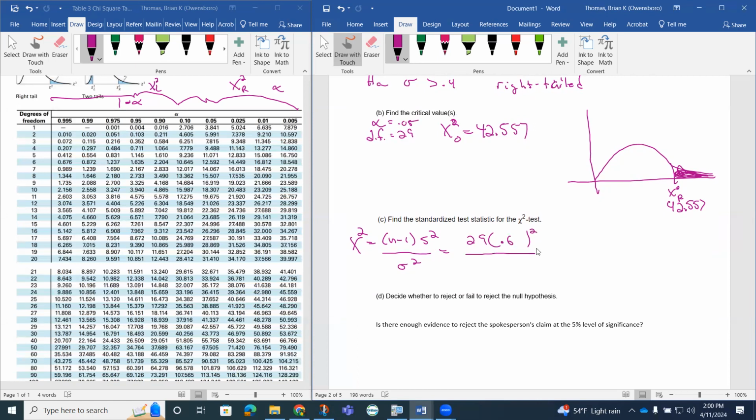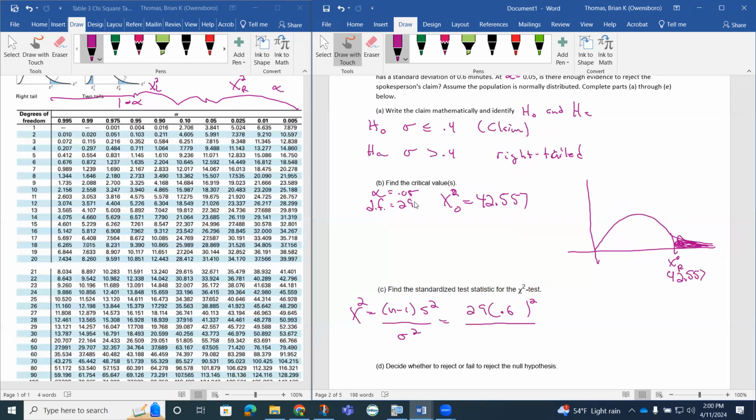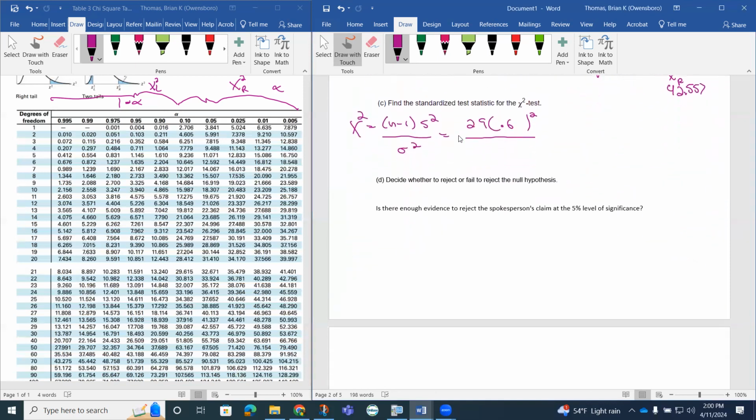And then we divide it by the population variance, but they didn't give us the population variance. What they gave us was the population standard deviation. But if we square this 0.4, that'll give us our population variance. So if we do that math, that'll give us our test statistic.